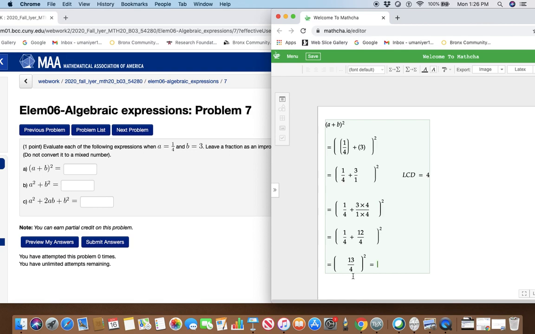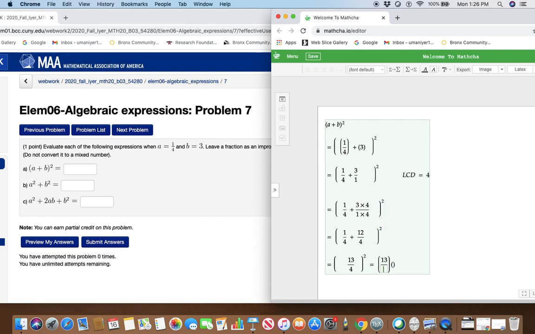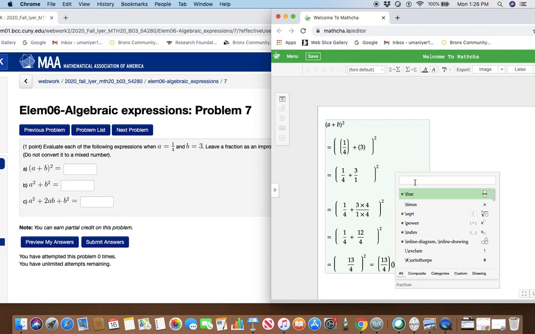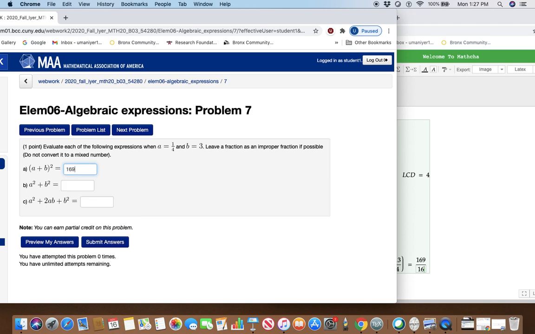So square of something, so that something repeats. What's that something? It is 13/4. This one is 13/4. So in all, 13 times 13, 169 over 4 times 4, 16. Notice nothing reduces, so it cannot reduce here either. So I will simply write 169 over 16. So over is written with the forward slash.